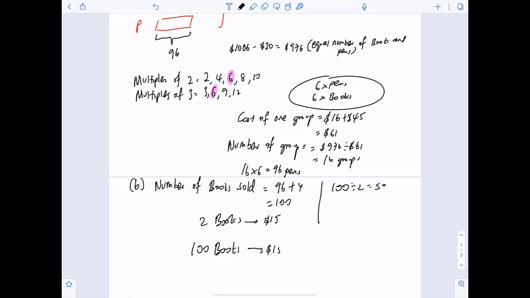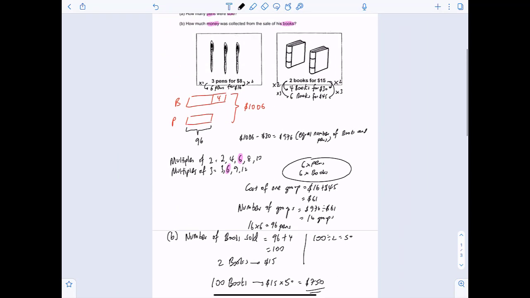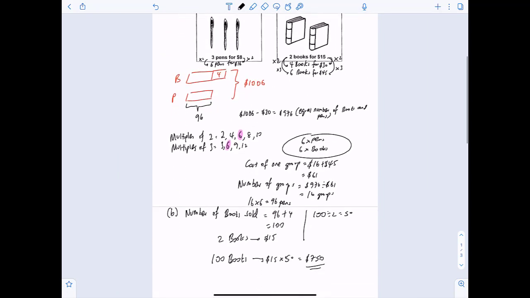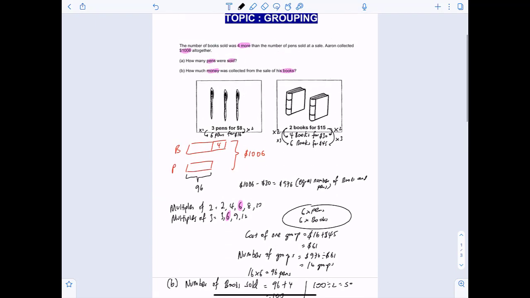So over here, times 50 as well. 15 times 50. $750, wow, just from the sale of books. So for part B, answer is 750. Part A answer, 96 pens.